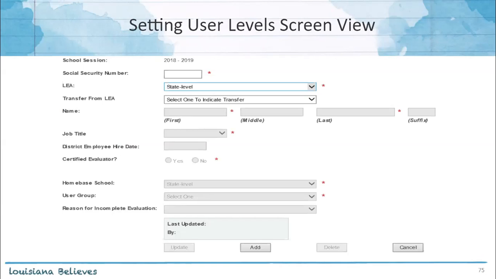You would enter the person's social security number and the LEA that they are at, click add. Then you'd put in their name, job title, are they a certified evaluator, what site is this person at, and what user group they are in. This is also where you'd put in the reason for incomplete evaluations if someone resigns, transfers, retires, etc.